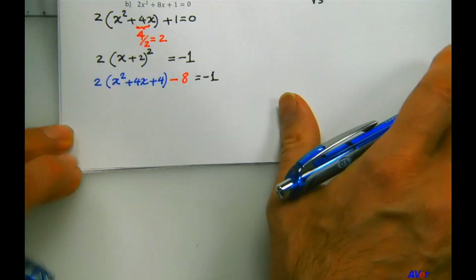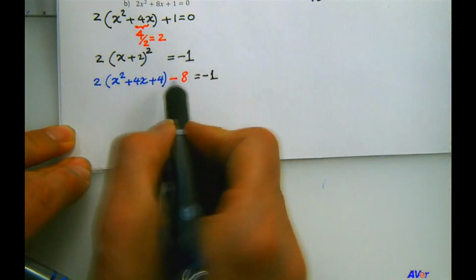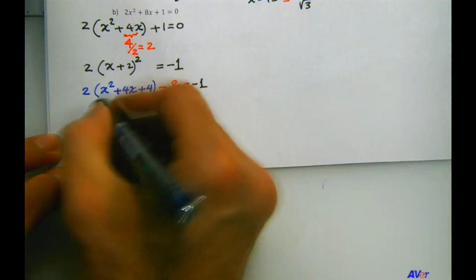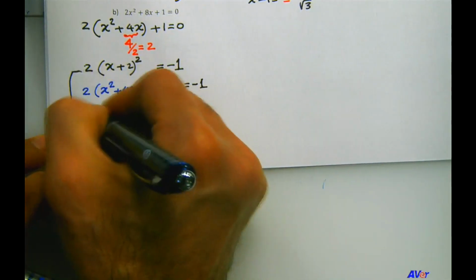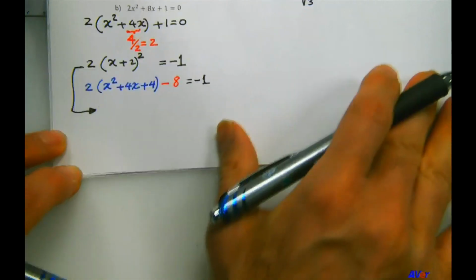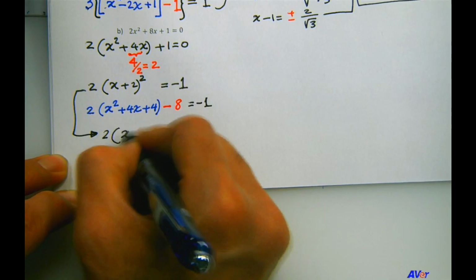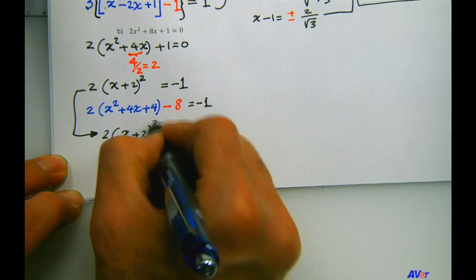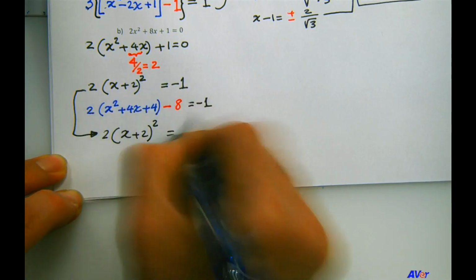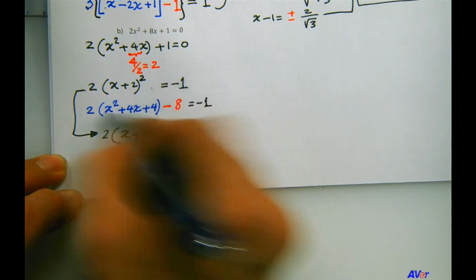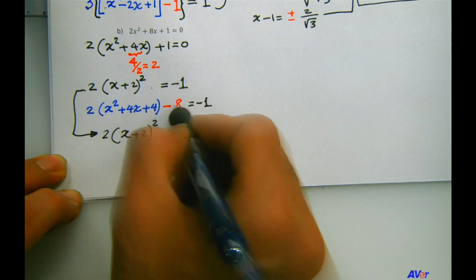So this step is unnecessary, but I've done it so you all see why we're subtracting negative 8 and why we're subtracting negative 1 here. So then, we could have jumped from here to this step, which is 2 times x plus 2 squared equals, then I should have put minus 8 there, but it's okay. This shows you why we need the minus 8.